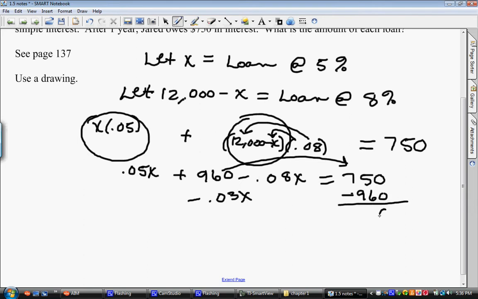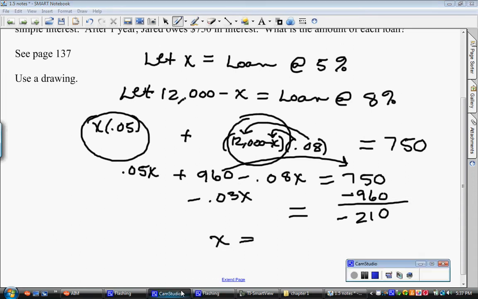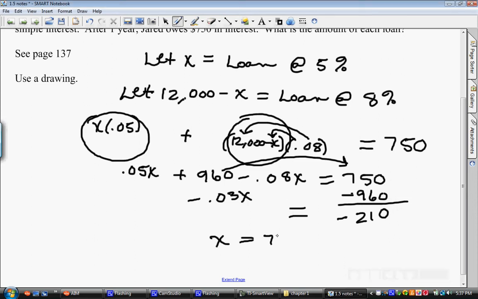So negative 210 divided by negative .03, which is 7,000. Now when we defined our variable, we said that x was the loan at 5%. So x is $7,000. That's how much we borrowed at 5%. We said that 12,000 minus x, 12,000 minus 7,000, which would be 5,000, is the loan at 8%.